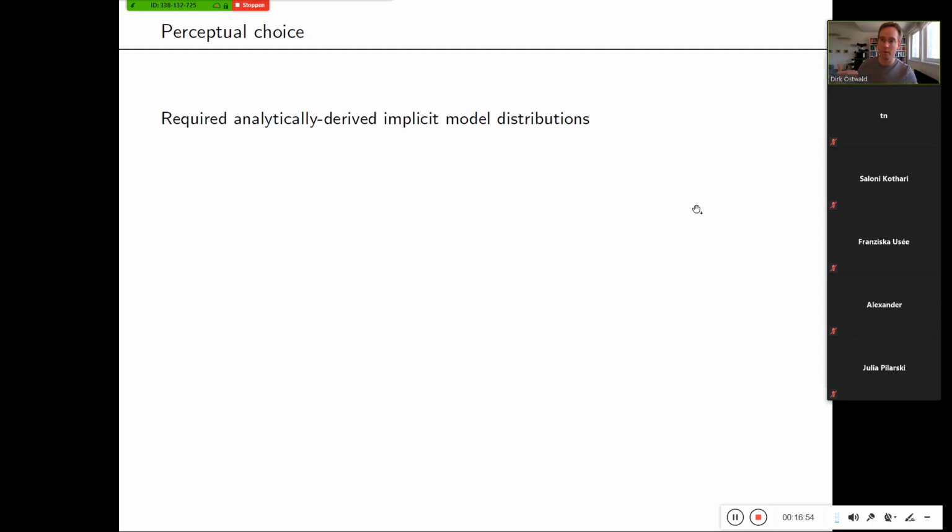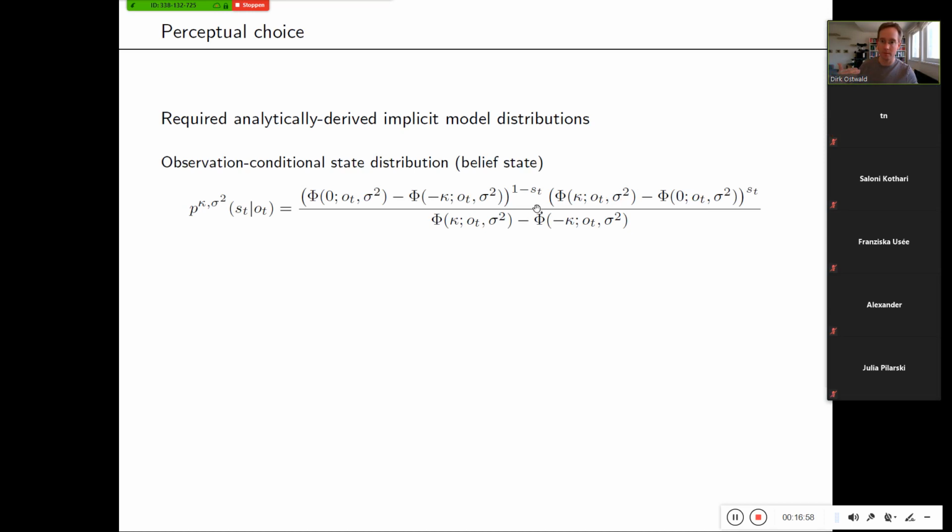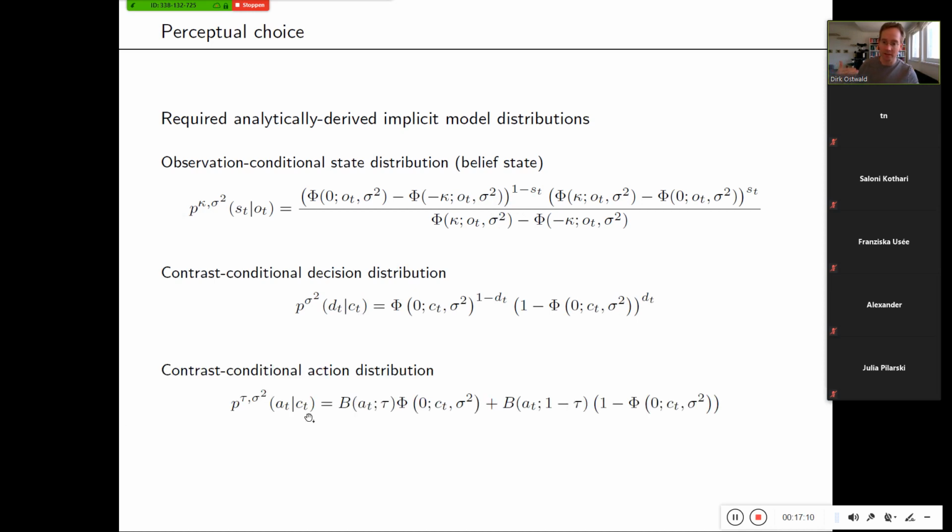And what we had discussed was the belief state, and that we found an analytical formula for that. I've already shown you that briefly, and now I'm telling you why we actually need it. In the log likelihood function, we need the probability of the observed action given the contrast difference, which we provided to the participant, and we need this probability for each trial to take the log.